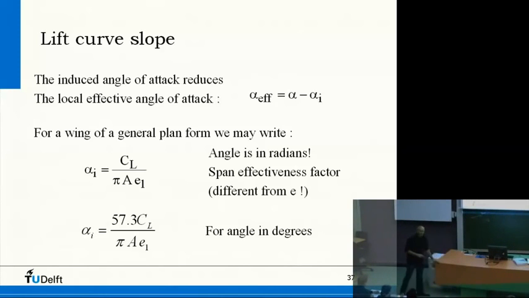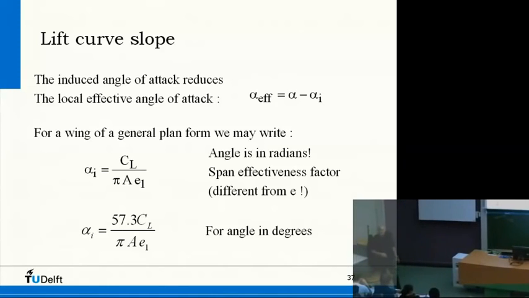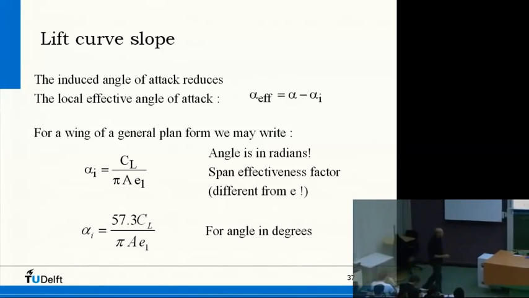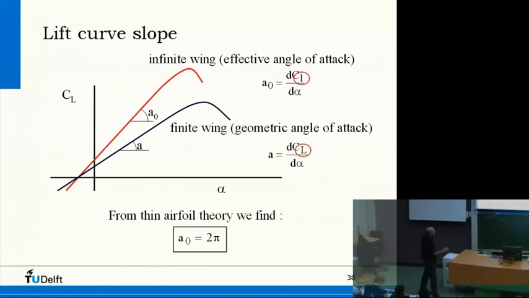So if you want to put this in degrees, then you should multiply it with 57.3, 180 divided by pi, right? Usually we use it in this form, of course, because we seldom talk about radians, but in general we talk about degrees.